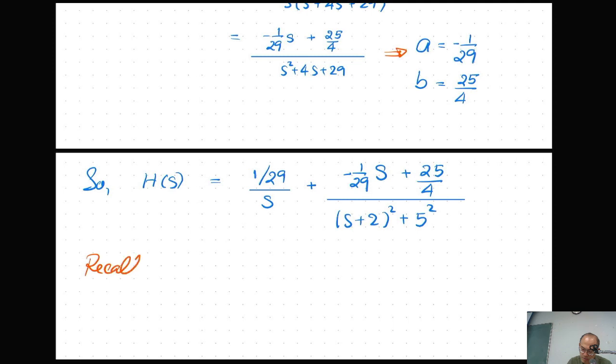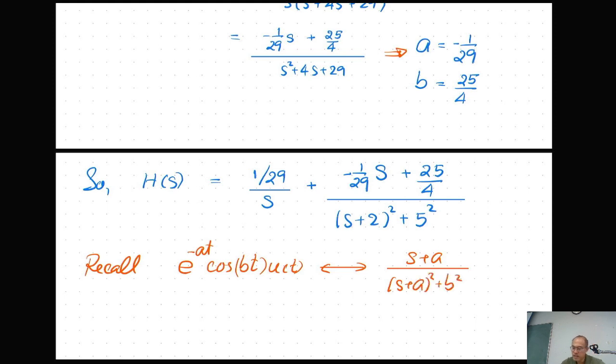We recall that e to the negative at cosine bt ut has the Laplace transform pair, from the table, s plus a over s plus a squared plus b squared. Now you see the resemblance of the form. They are very similar in form, right? So a is 2 and b is 5.